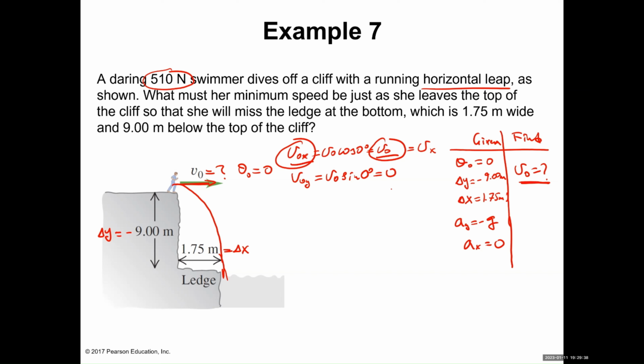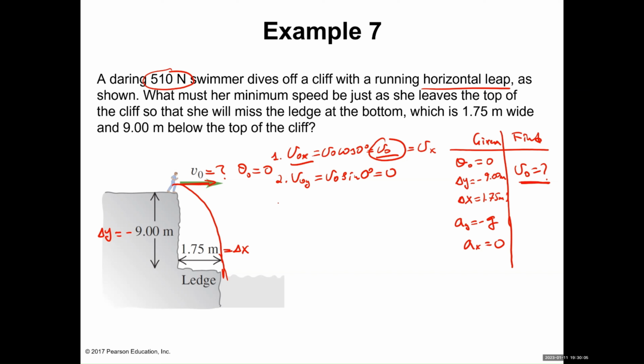All right, let me put numbers to these. Let's say this is equation 1 and equation 2. These are not kinematic equations, just equations 1 and 2 for this particular problem. Equation 2 is important because it tells me there is no initial vertical velocity. Equation 1 is important because it tells me that what I want, the initial velocity, is the same as my horizontal velocity.